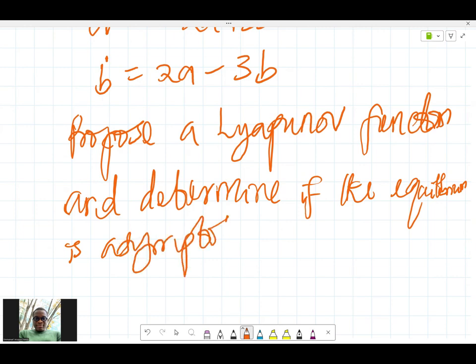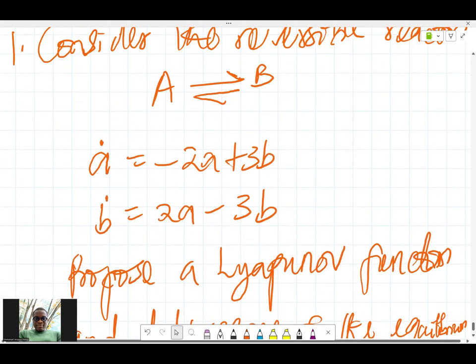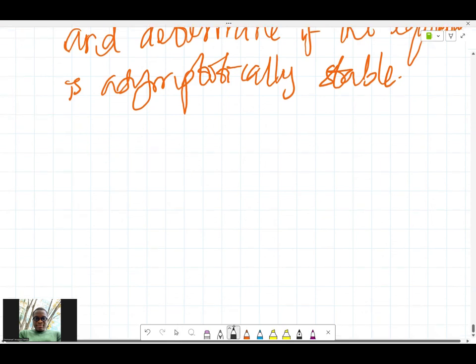Asymptotic stability is when V dot is strictly less than zero, but Lyapunov stability is when it is less than or equal to zero.